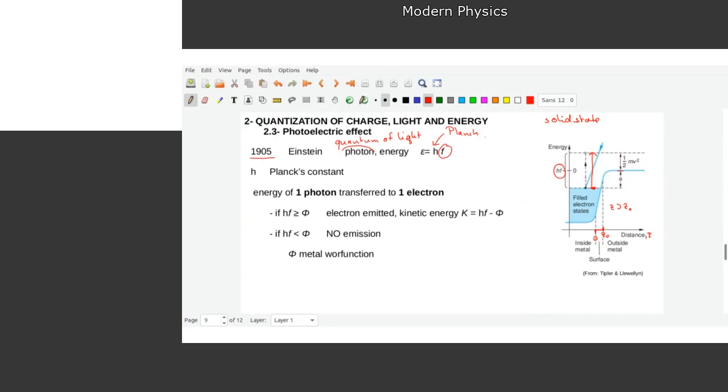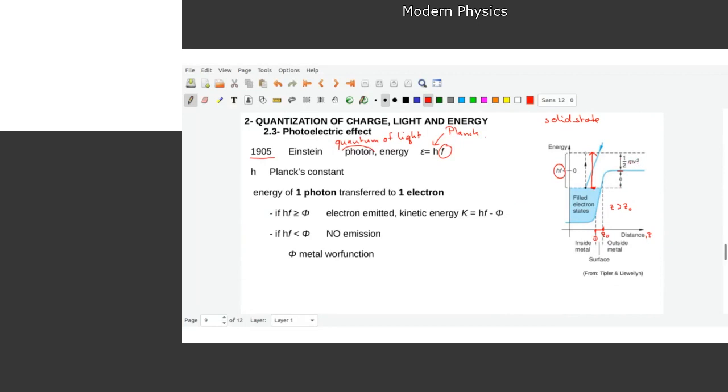So you have this very simple equation: the energy of the photon was used for the electron to get out of the metal. The value of the work function depends on the metal, and the rest gives the electron some kinetic energy.